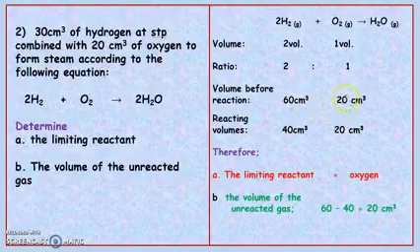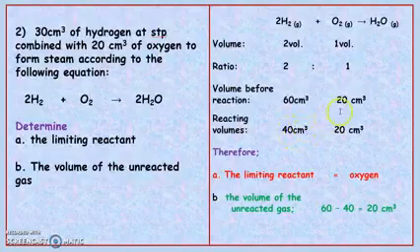So since we have 20 cm cube of oxygen, according to the equation, it is 1 volume of oxygen requires 2 volume of hydrogen. So 20 cm cube of oxygen will require 40 cm cube of hydrogen. So what will be used in the reaction is 40 cm cube of hydrogen.